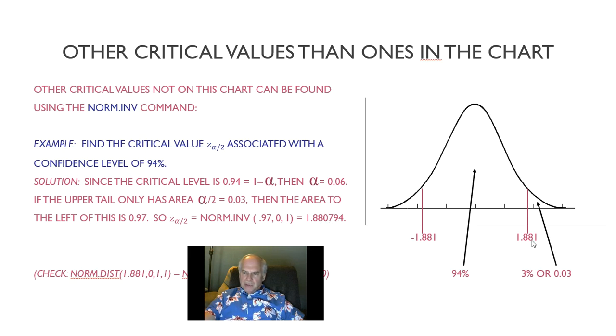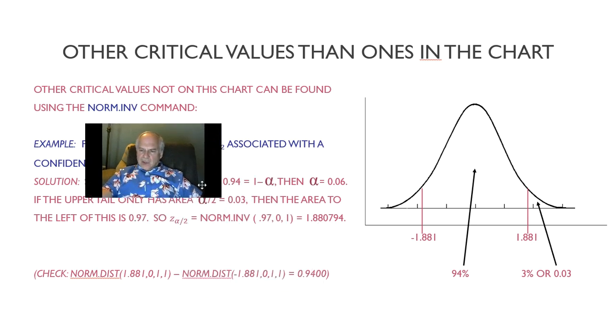Now it rounds to 1.881, and you can check this by finding the area in between the negative and the positive of this critical value. So if you do norm.dist 1.881 minus norm.dist negative 1.881, then you should get 0.9400. So that's typical of how you find the area in between two values. These are z-scores.